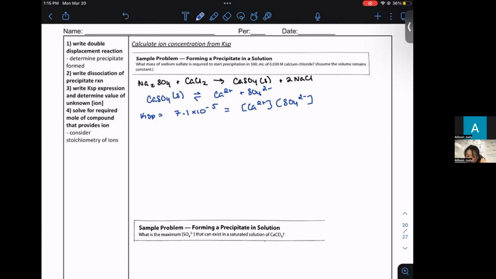Okay, then you have to calculate, just like above, what was the source of your calcium, given the original ionic compound it came from.